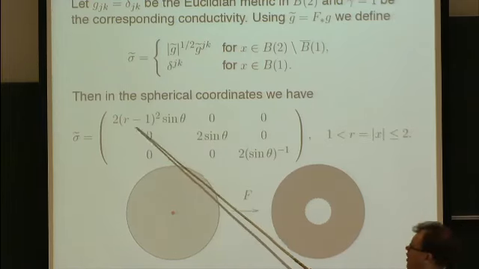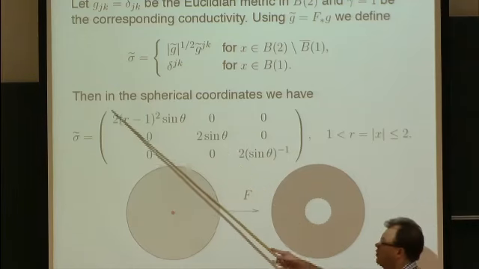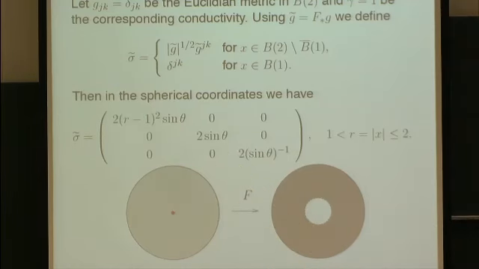But here we have r minus 1, so when r goes to 1, this eigenvalue of the conductivity matrix goes to 0, so it approaches a perfect insulator. In this sense this is degenerate.